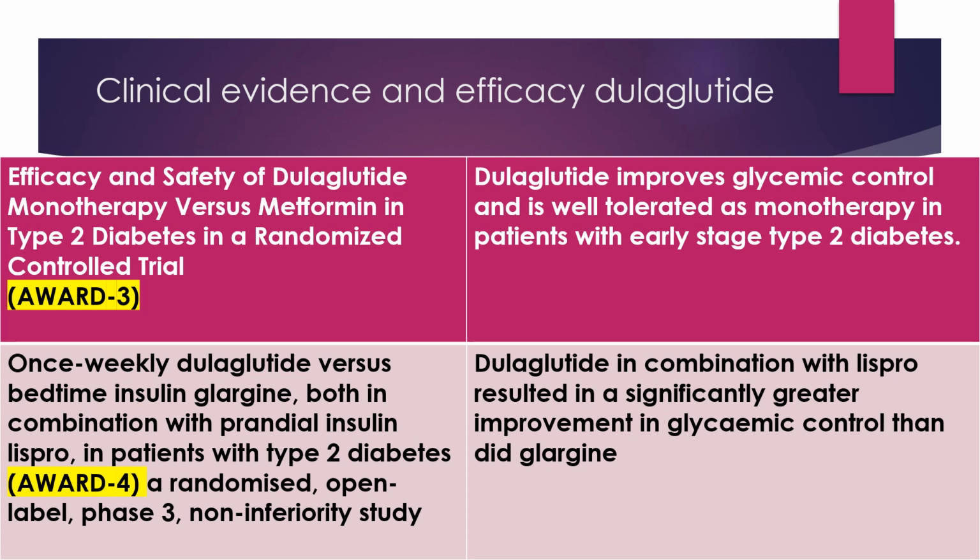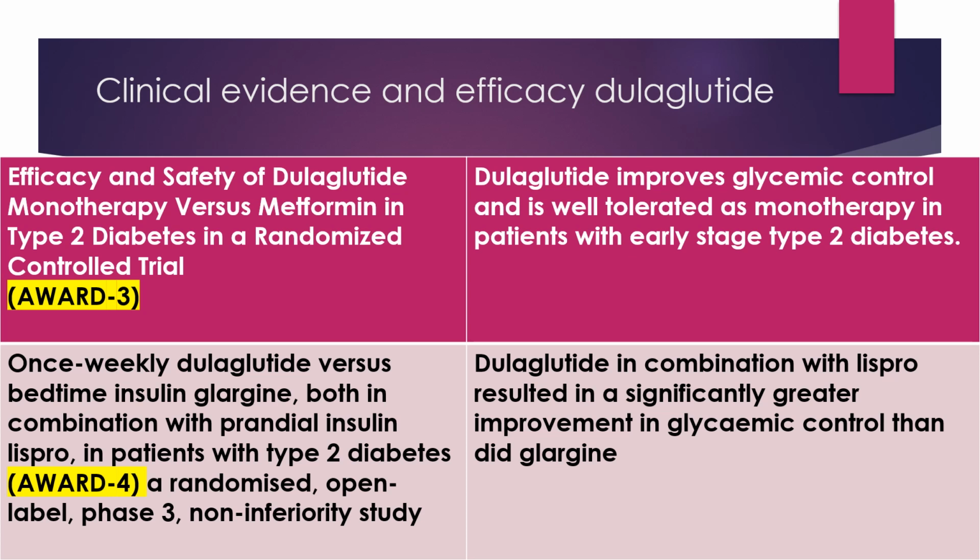In AWARD 4 trial, dulaglutide produced significantly better glucose control than insulin glargine. With 1.5 mg dulaglutide, hemoglobin A1C was reduced by 1.64%. With 0.75 mg dulaglutide, hemoglobin A1C was reduced by 1.5%.